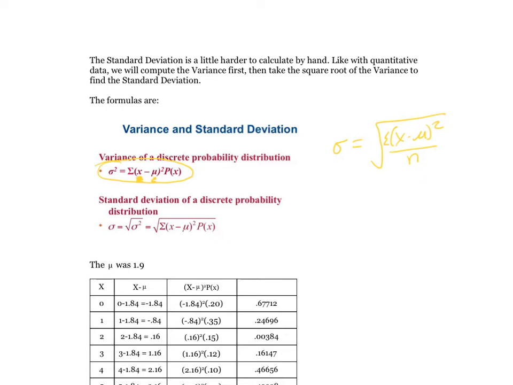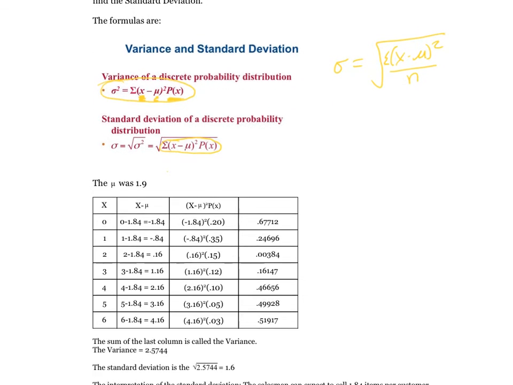And then instead of dividing by n, we multiply them by their probability, because each one contributes to the standard deviation based on how often it occurs. And then we add up all those products. Before we take the square root, that's called the variance. And then the bottom equation is exactly the same, except we put that variance equation under the square root.